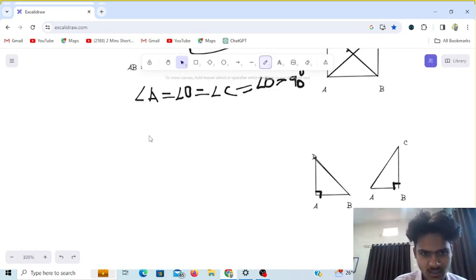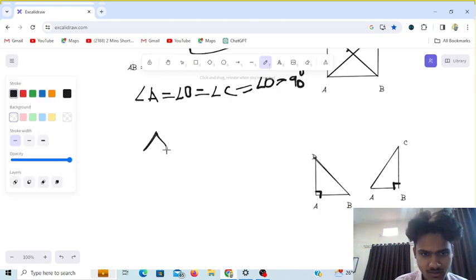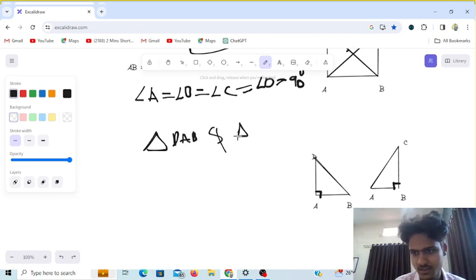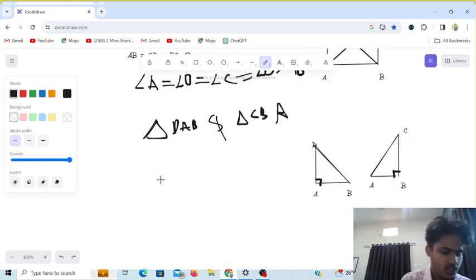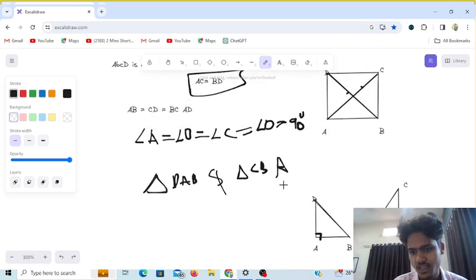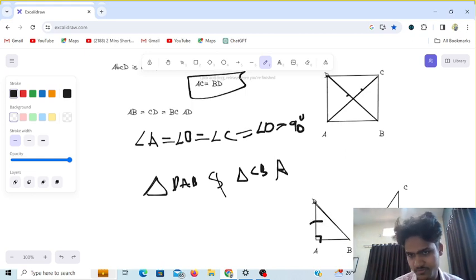In triangle DAB and triangle CBA, first of all we see that DA equal to CB.